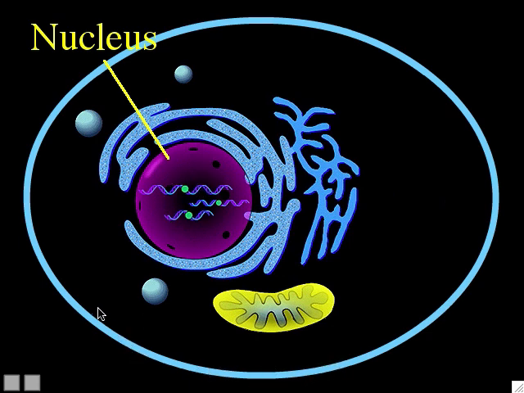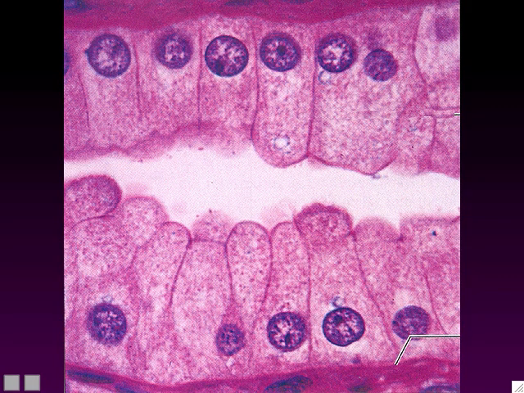The cell membrane is the outside of the cell, but this is a different membrane, a special membrane of the nucleus that surrounds and protects the chromosomes. Now, when you look at cells under a microscope, you can usually see the nucleus as a large, dark organelle inside the cell. If you look at this cell right here, there's its nucleus right there. And if you look at this cell right here, there's its nucleus right there. It's usually a very prominent feature when you look at cells under the microscope.